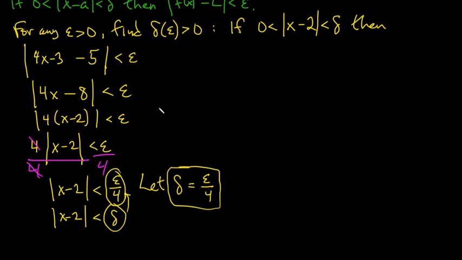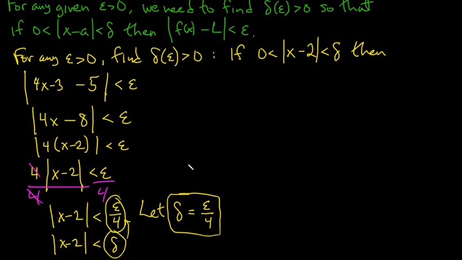Okay? All right, so we made our choice, right? We're going to choose delta to be epsilon over 4. Right? So now I just want to check and make sure that our goal is to ensure that this f of x is within epsilon of L. So let's write this down.